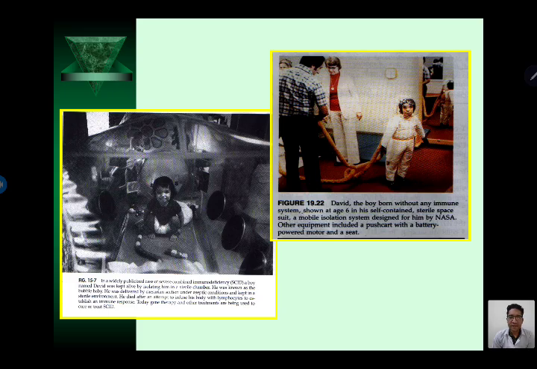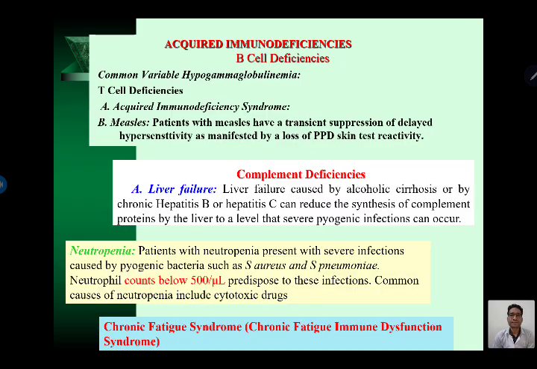He died after an attempt to infuse his body with lymphocytes to establish an immune response. Today, gene therapy and other treatments are being used to cure severe combined immunodeficiency disease.